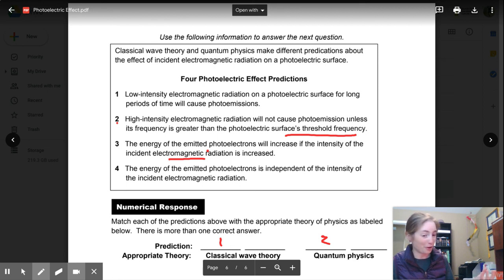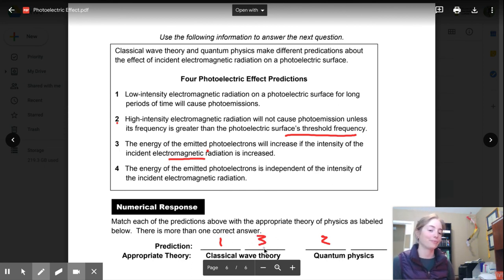According to the wave model, that would make sense, because in the wave model the intensity would be your amplitude. The higher the amplitude, the more energy, and therefore the more energy those particles would have coming off. So 3 is going to fit with classical wave theory.